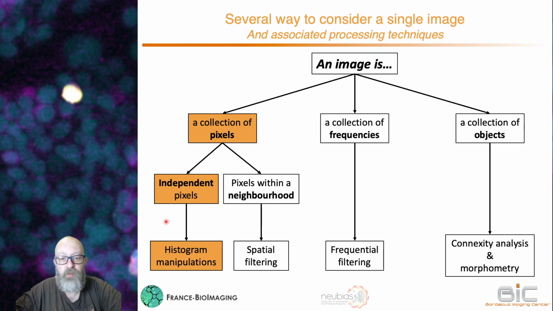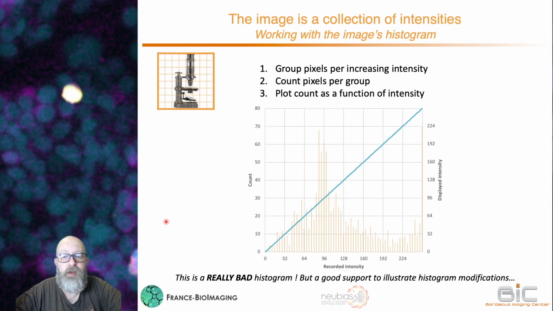But first, what is a histogram? The image histogram is a simple representation where you've got on the x-axis all the possible intensities found on the image, and on the y-axis, you've got the number of pixels carrying that precise intensity.